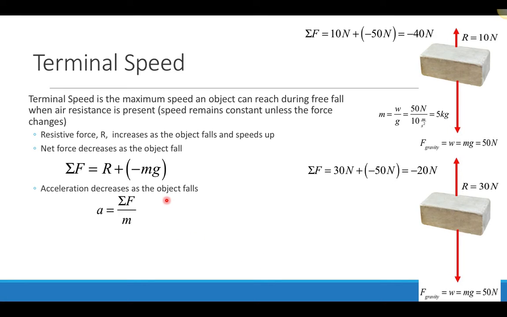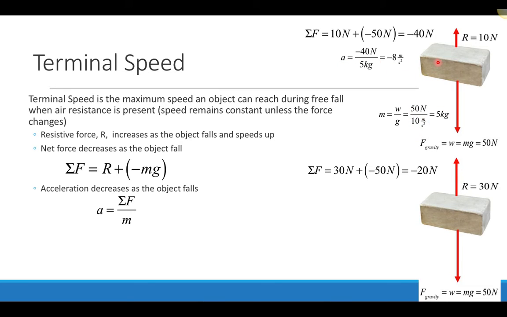I'm also interested in what happens to the acceleration. So as the object falls, if the net force decreases, the acceleration also decreases, because acceleration is net force over mass. Now, one thing I didn't say in this example was, what is the mass of the brick? I know the brick has a weight of 50 newtons, so I can find the mass by taking the weight of 50 and dividing by gravity, which is 10, so it's 5.